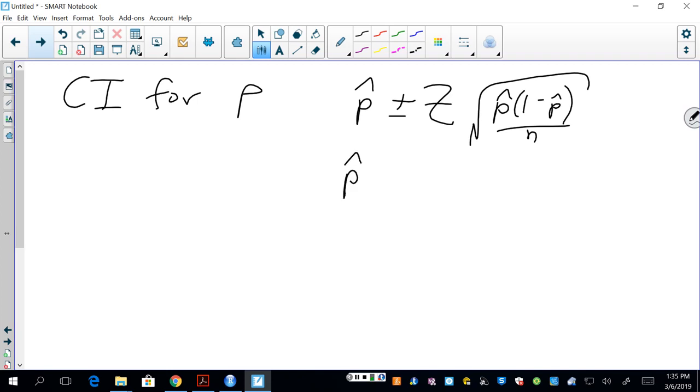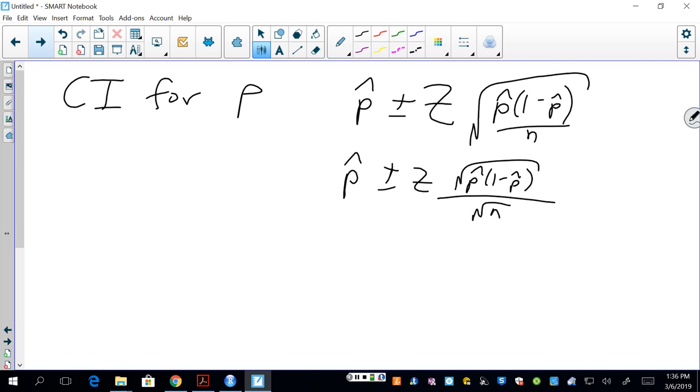It kind of looks like the normal one. The square root of n is in there just like it was for the normal one, which had s or sigma over the square root of n. This special case, when it's kind of a binomial model, that corresponding thing has that form.